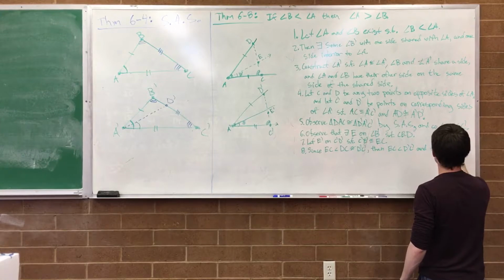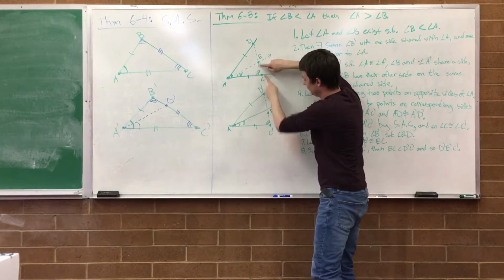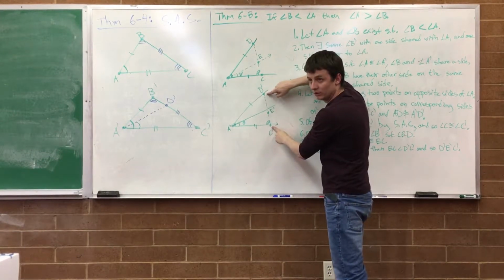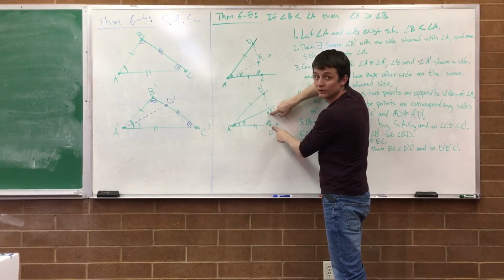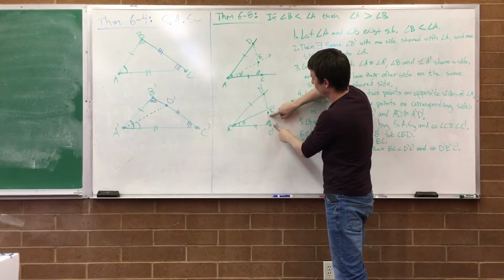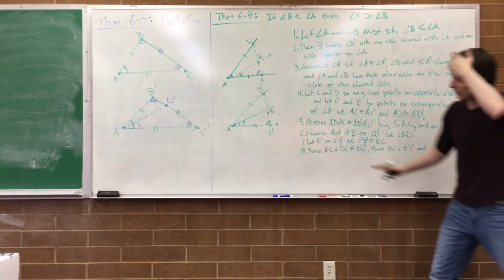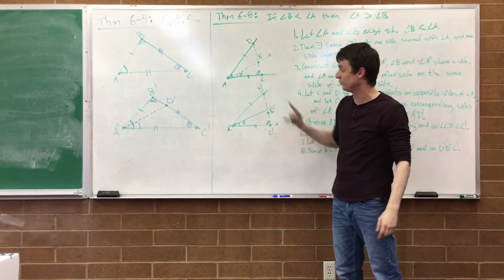Or maybe it's better as D prime, E prime, C prime. So let's remember, what does it mean for this segment to be less than this segment? That there exists a point, namely E prime, such that C prime E prime is congruent to CE and C prime E prime D prime. Right. That's how we know it's between. So now we're guaranteed that this point is in between these two things.